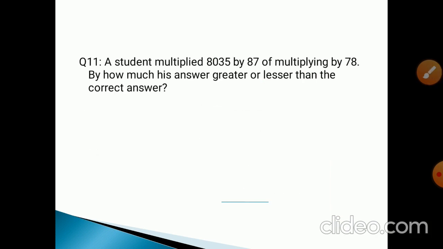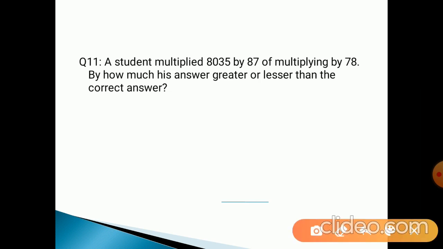Now question number 11. A student multiplied 8035 by 87 instead of multiplying by 78. By how much is the answer greater or lesser than the correct one?